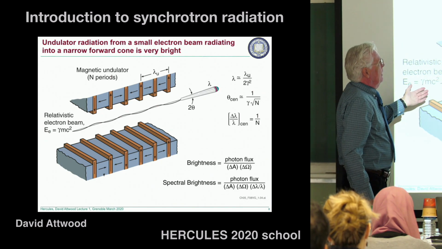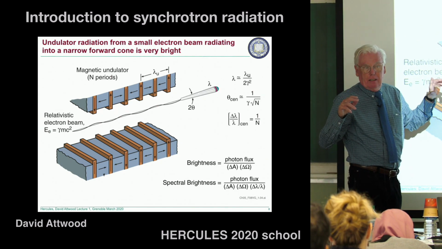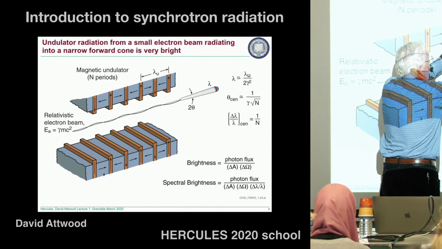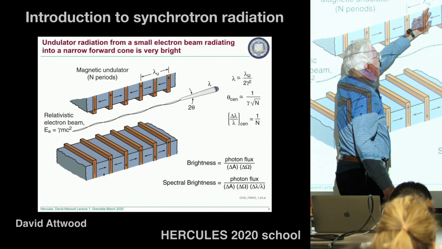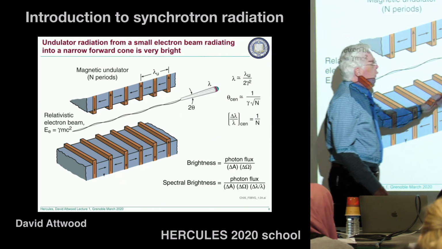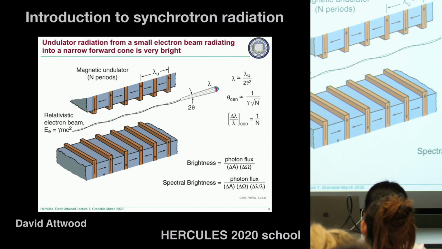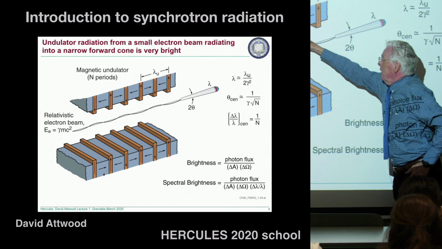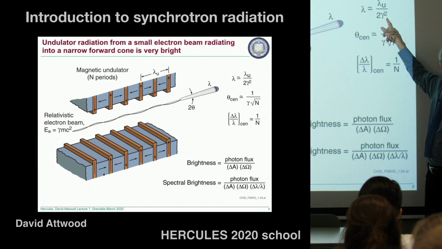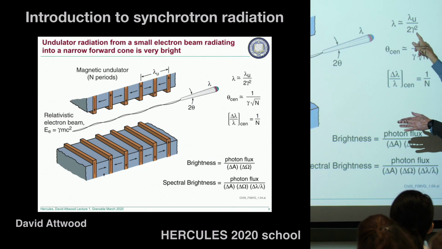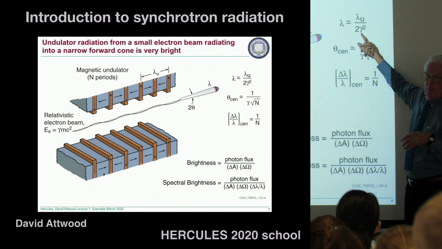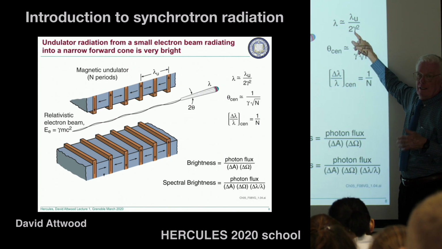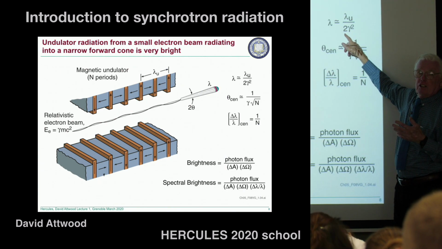So here is our undulator, we call it, and the period is lambda sub u, the undulator period. The wavelength coming out to first order, not quite perfectly yet, is going to be this undulator period divided by twice gamma squared. So gamma here we saw was 12,000, so dividing by 12,000 squared, so about 10 to the 4th squared, 10 to the 8th, it's like a reduction of 10 to the 9th.